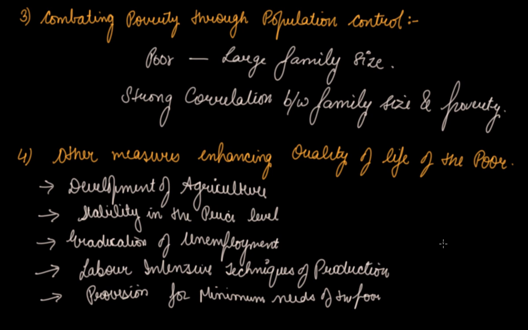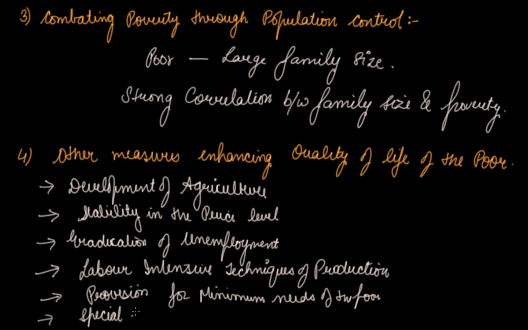Even government schools are being opened keeping in mind the poor section of society, those who cannot pay very much for their education. In government schools they have to pay the very least amount and can get the education facility. Moreover, ration shops are being opened to provide food grains. So the minimum needs of the poor are being satisfied by the government.